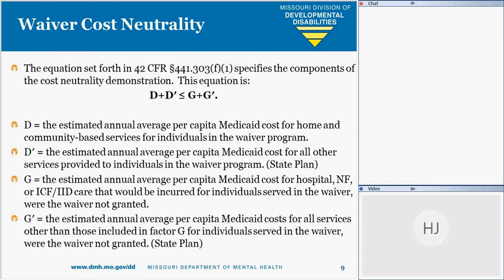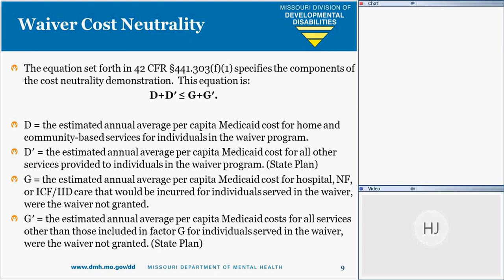D, that is the estimated average cost for Medicaid waiver services. So whatever services you've identified in your application, that is the cost per person for the services. Then there is the D prime, which is the estimated average cost for their state plan services.